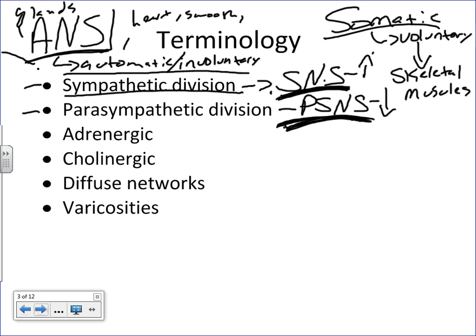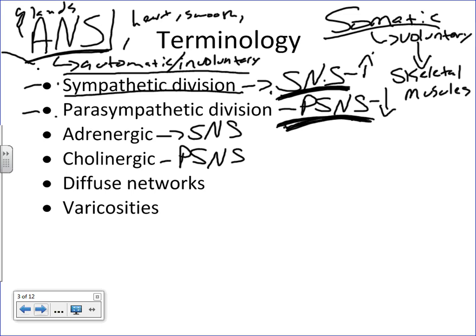All right, so bear in mind that there are these two divisions of the autonomic nervous system, adrenergic and cholinergic. You're going to want to think of adrenergic as being associated with the sympathetic nervous system, and cholinergic as being associated with the parasympathetic nervous system.